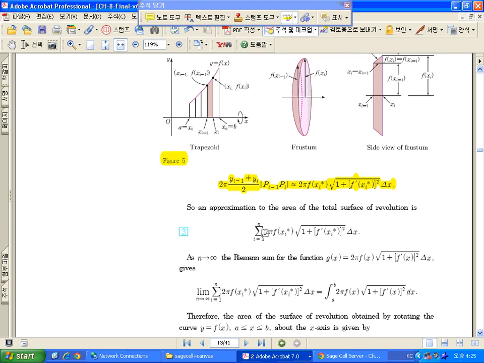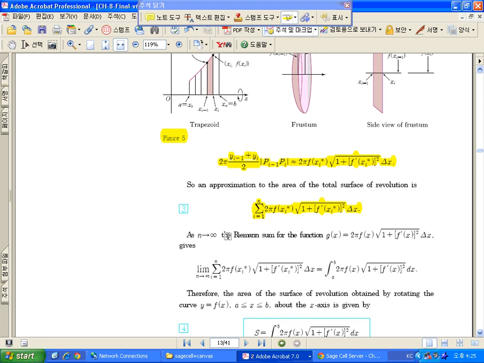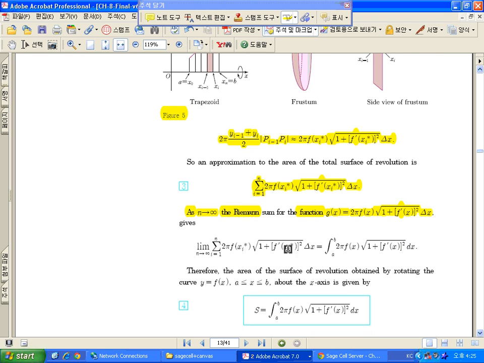Then if we add all of those with summations and take the limit as n goes to infinity, the Riemann sum for the function g of x, which is this, can be written in this way.